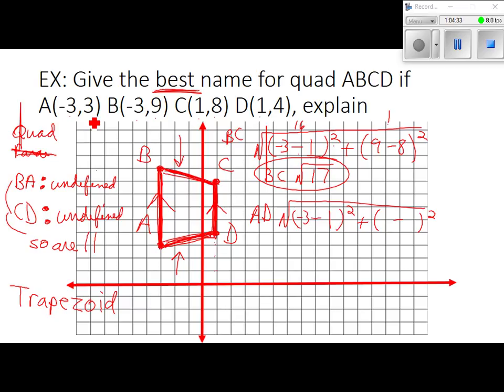The y-coordinates are 3 and 4. -3 minus 1 is -4. -4 squared is 16. 3 minus 4 is -1. -1 squared is +1. Add those two together, you get 17. So the length of segment AD is the square root of 17. We look at those two. They're the same length.